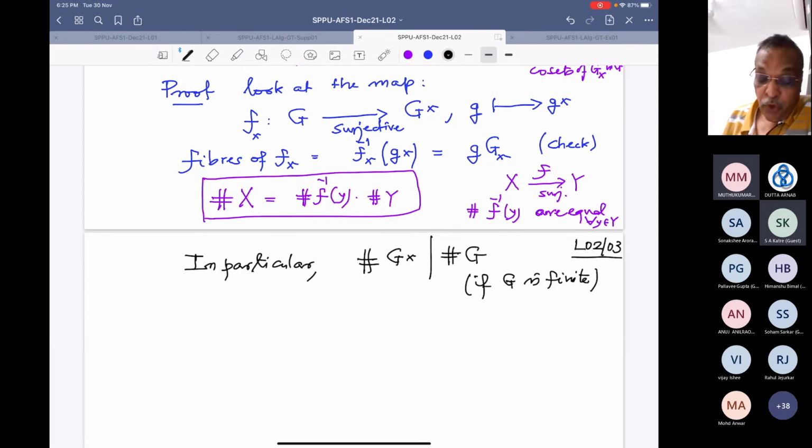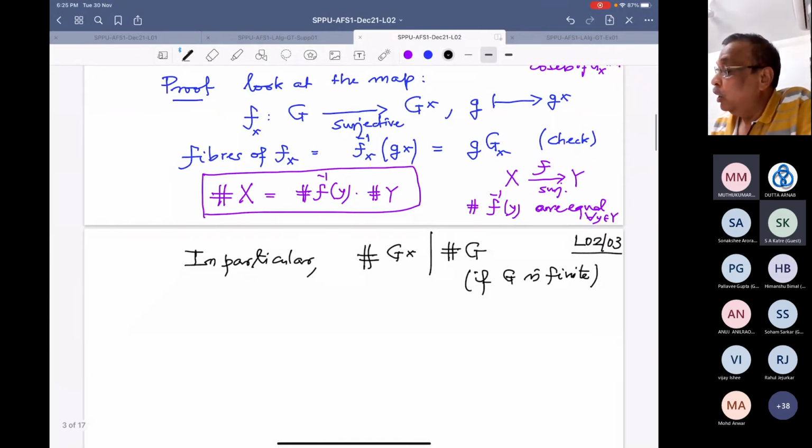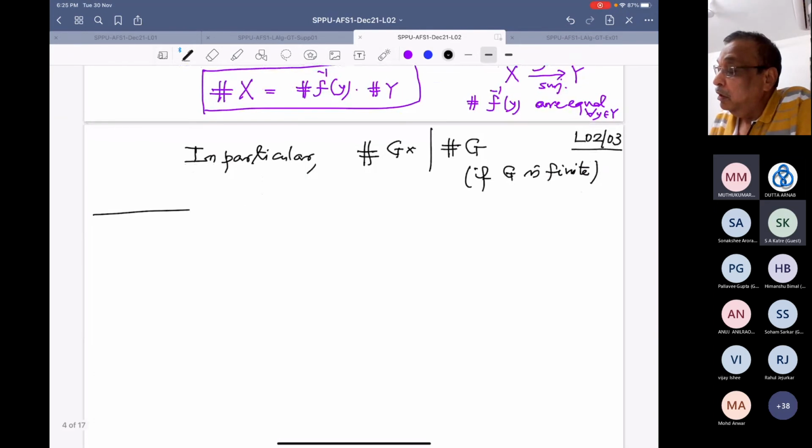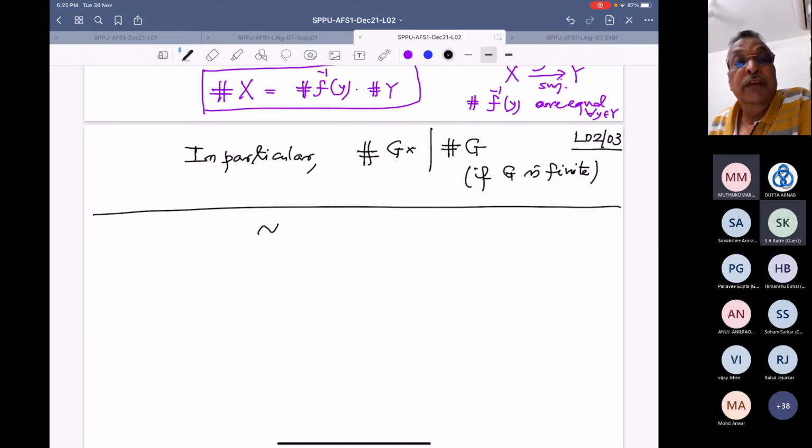All right, now one more example I want to discuss, or before I discuss, I want to first, as I said, do the class equation. Now we have seen that this group operation defines an equivalence relation, and I want to write G on the left side because we are assuming G operates from the left.